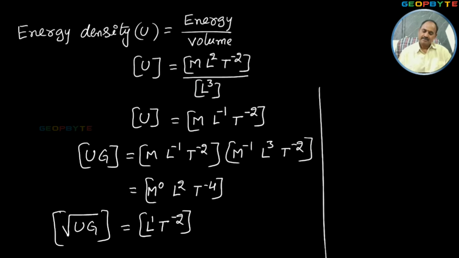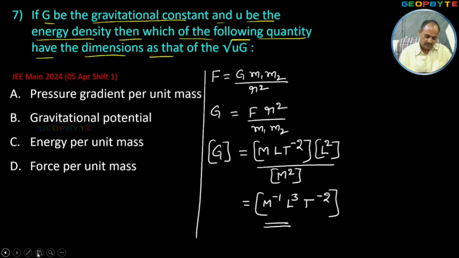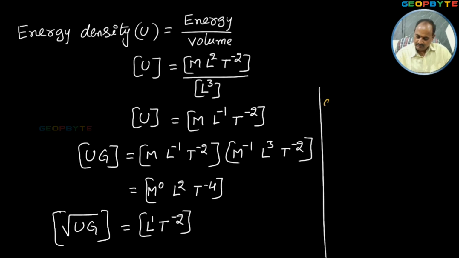Understood clearly? Yes. Now, among the given options, which quantity is maintaining the same dimensional formula? First, let us take the pressure gradient per unit mass. Here, dP by dx is a pressure gradient. First, let us decide the dimensional formula for pressure gradient.